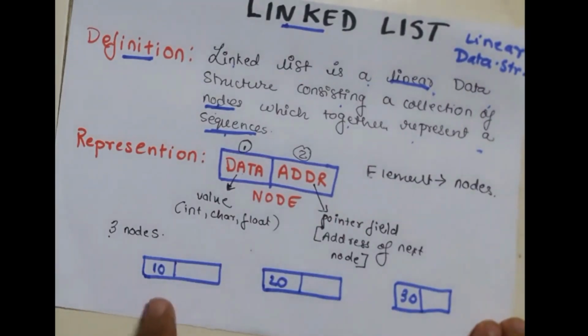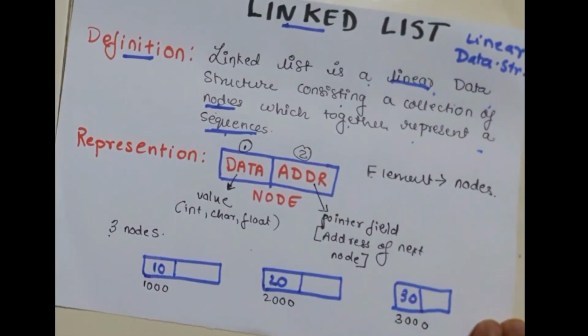The address of the first node is 1000. The address of the second node is 2000. And the address of the third node is 3000. Okay. So now we have data as well as address.